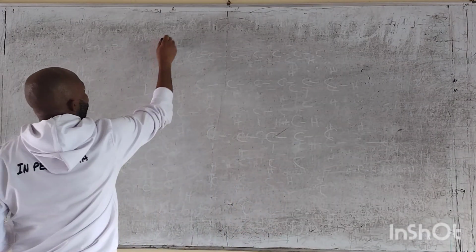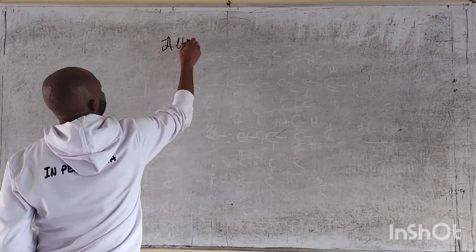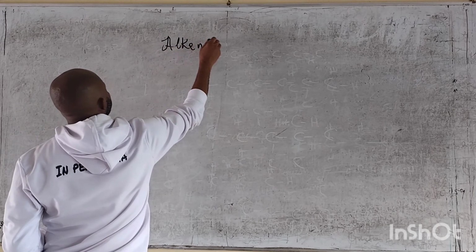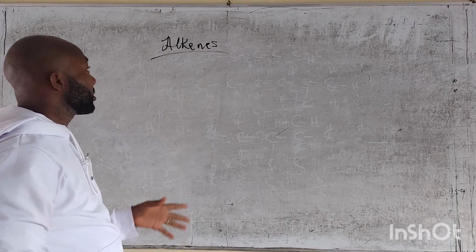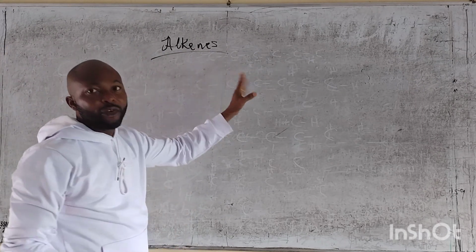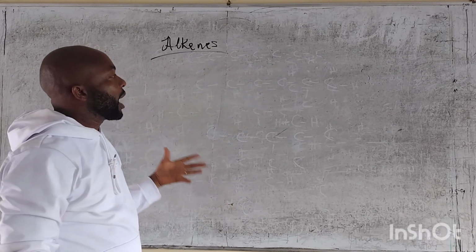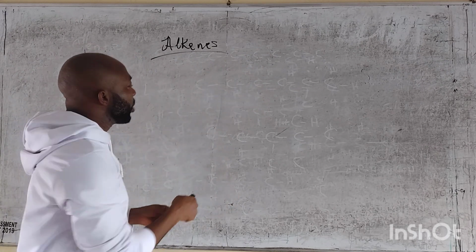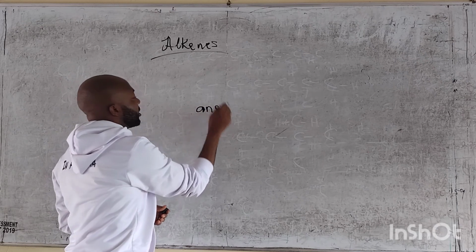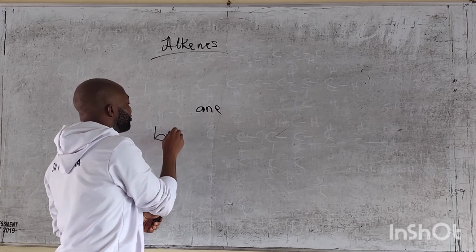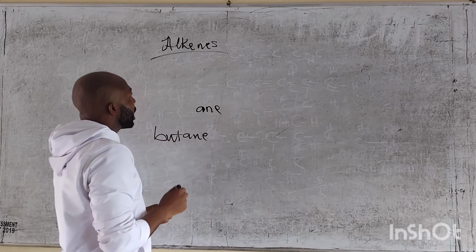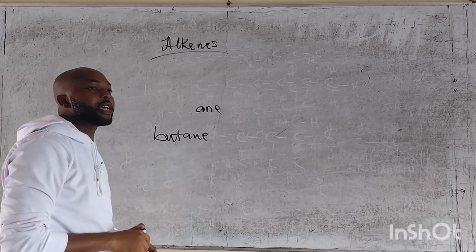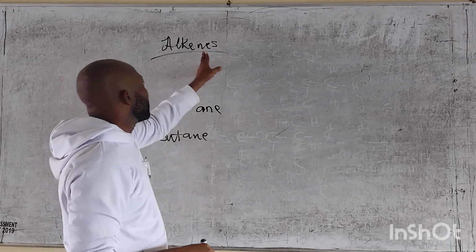So let's take alkenes. In alkanes, we said the general molecular formula was CnH2n+2, and all members of the alkane family were named with -ane. So if I have butane, this is butane, with -ane. Now, in alkenes, all the members will be named with what? -ene.